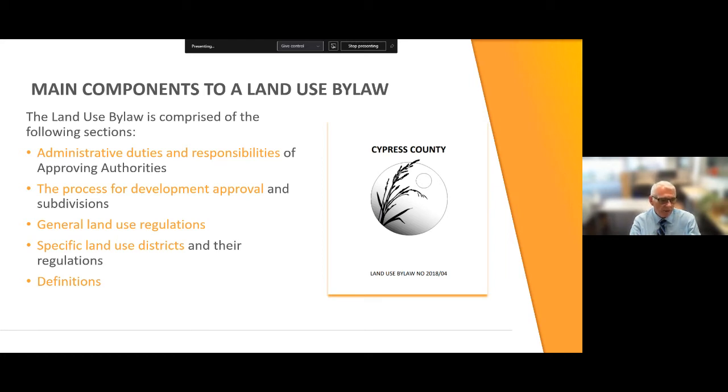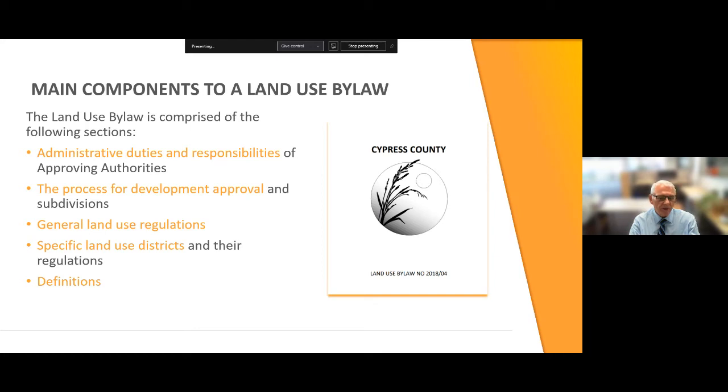a land use? Then we end up with specific land use regulations. So that might be for a specific use. So one common one might be for campgrounds. So you may want some specific rules that relate around campgrounds that are specific to that particular use. And so it's over and above what you might find in the specific land use districts.